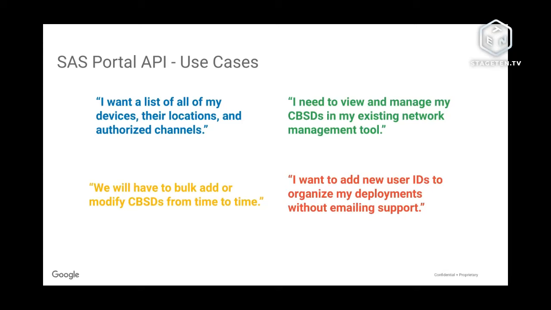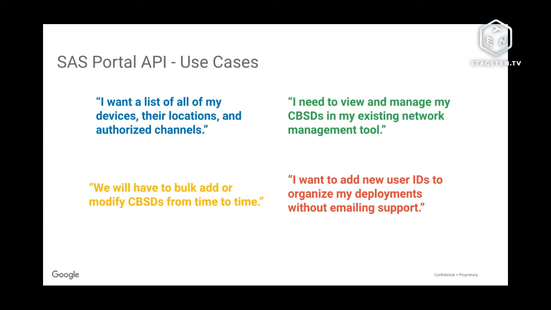Another use case: I need to view and manage my CBSDs in my existing network management tool. Some of our customers have their own network management platforms, and they would prefer to have all the information that's available in the SAS portal available in their existing infrastructure, so that they can use one tool to manage all of their deployments, whether they're CBRS or non-CBRS deployments.